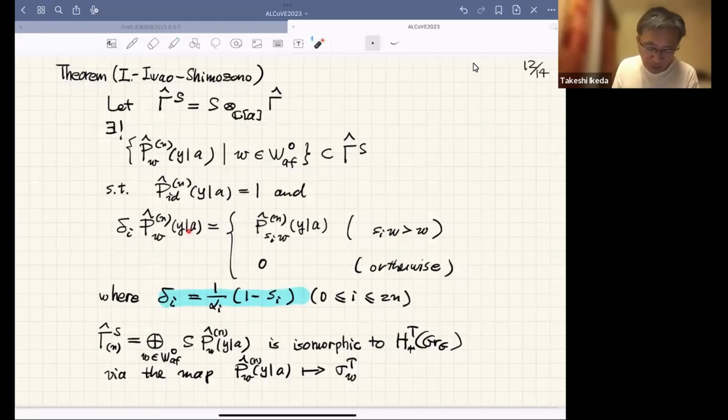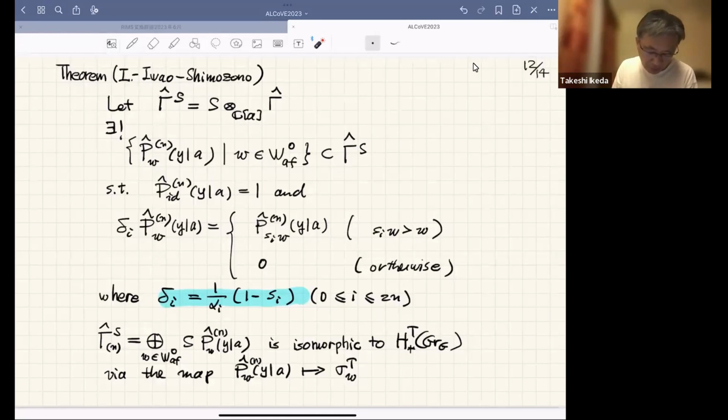And then if you consider the Z-span of these functions, which I denote by gamma hat upper S lower n, this is naturally isomorphic to the equivariant homology of the affine Grassmannian by the identification of functions with the Schubert basis elements. That is our result.